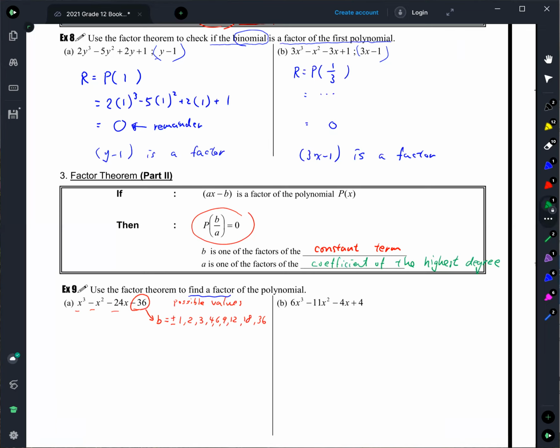The one that has the highest degree is x cubed. x cubed has a coefficient of 1. So it's coming from here. This is the a. And because it's 1, there can only be plus or minus 1.